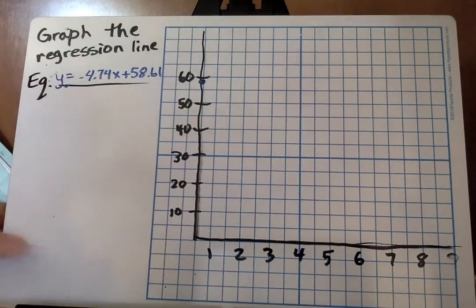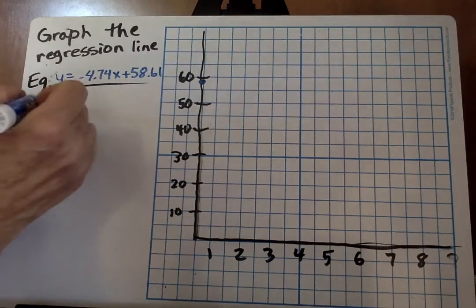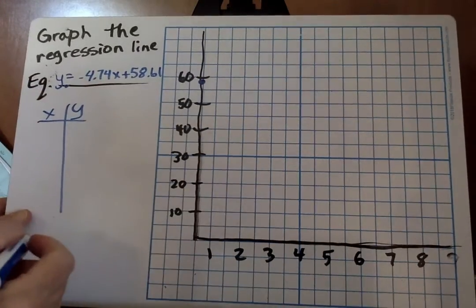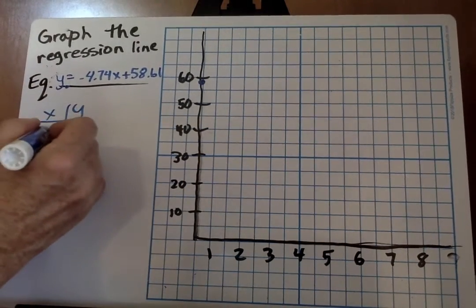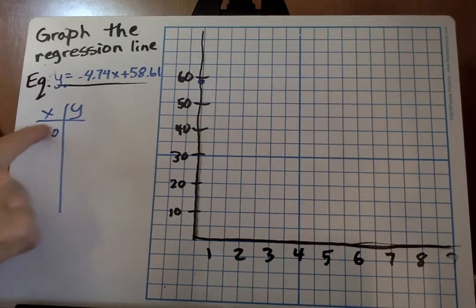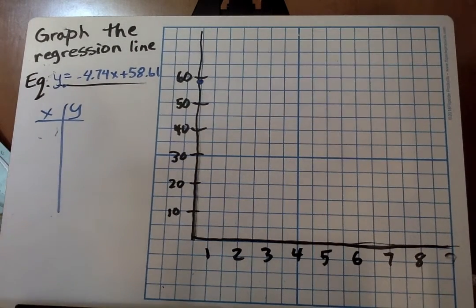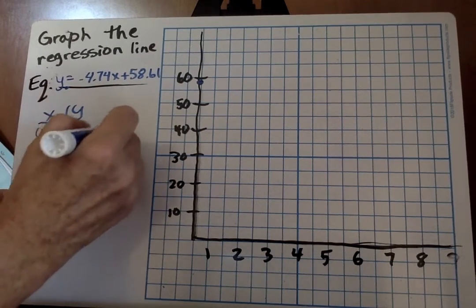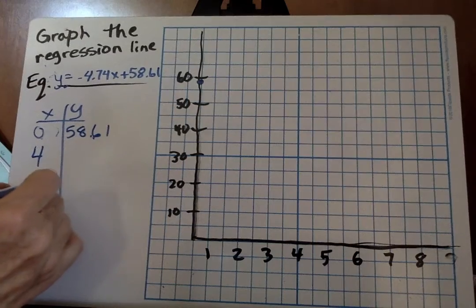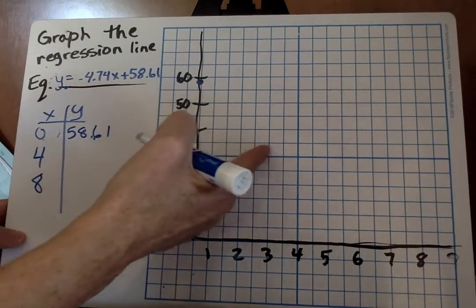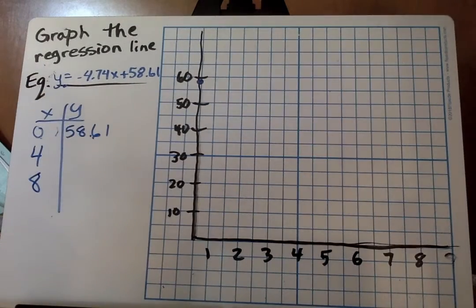And again, you're going to be estimating some of these points. And evidently, I can put a couple of XY values in here and just plot 2 or 3 points. We've already got 0, 58.61. Let's go 4, and then let's go 8. I'll put the X in and see what Y value comes out, and I'll plot the point.